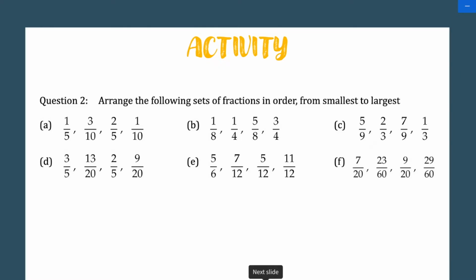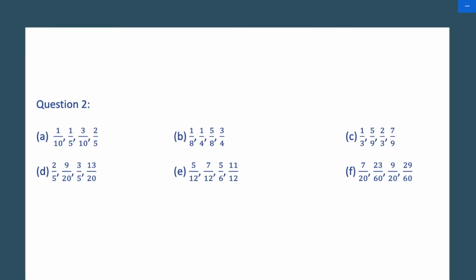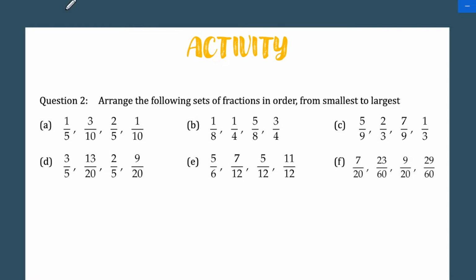Okay, let's have a look at the answers. Here are your answers. Before you mark the work, I'm just going to quickly show you. Here you'd have to times by 2, and here times by 2, this one times by 2, and this one as well.